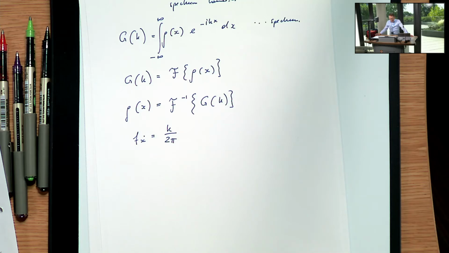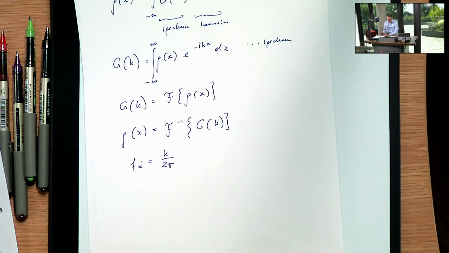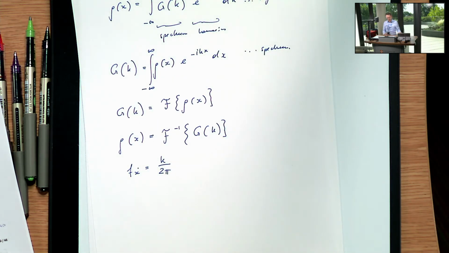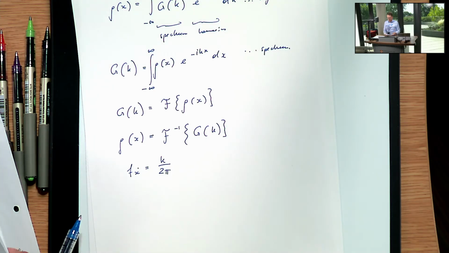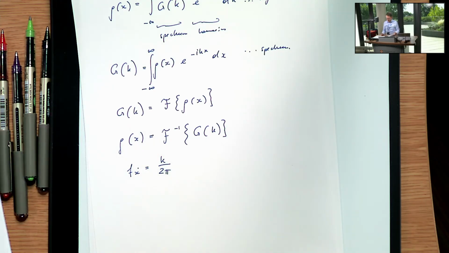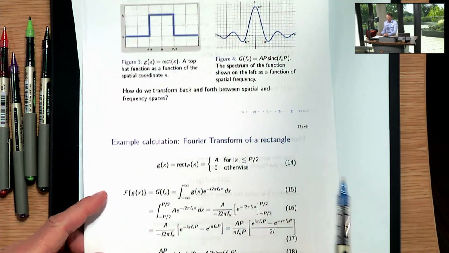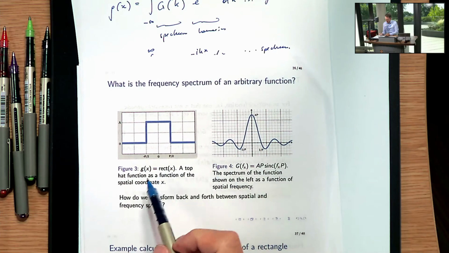So let's check that we really get that for the rectangular function. The Fourier transform of a rectangle. What is the rectangle?